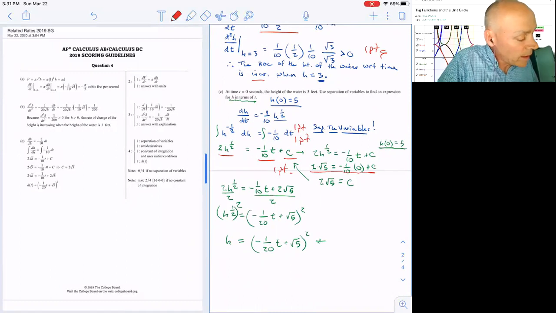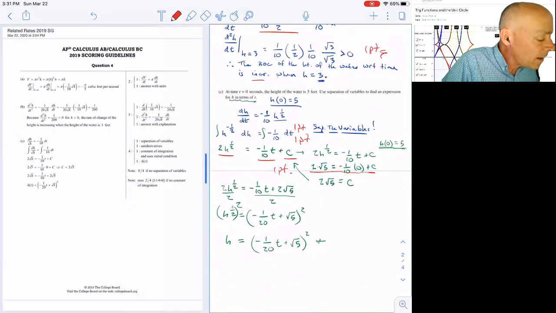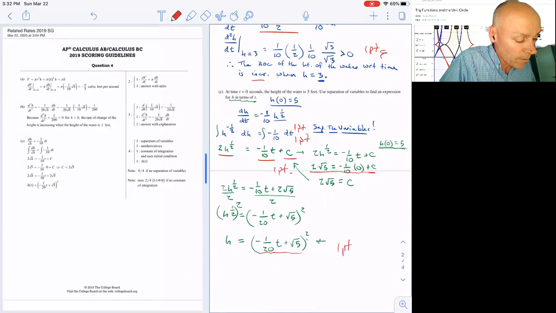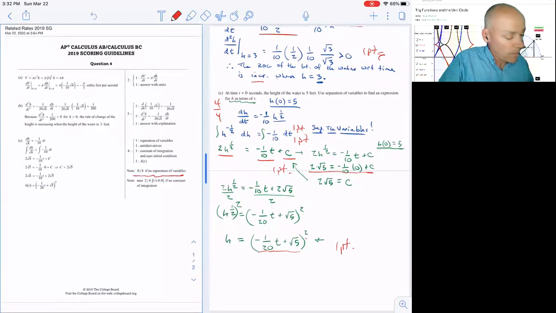And then last but not least, 1 point for h of t, which is equal to negative 1/20 t plus the square root of 5, squared. So 1, 2, 3, 4 points on part C. Again, 0 for 4 if we don't correctly do the separation of variables.